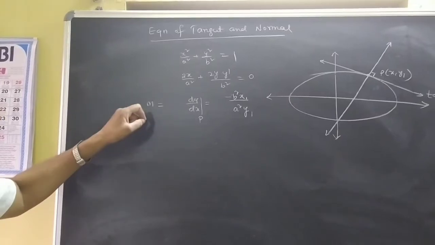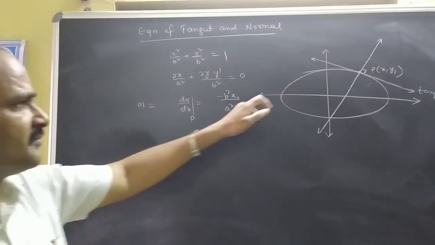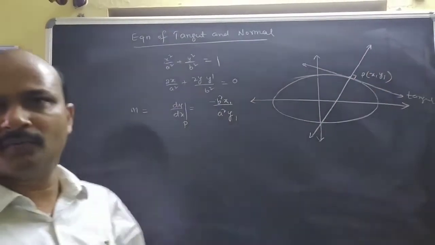This is the slope of the tangent with respect to the point (x1, y1).